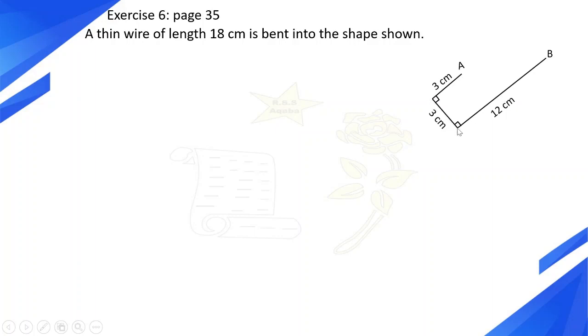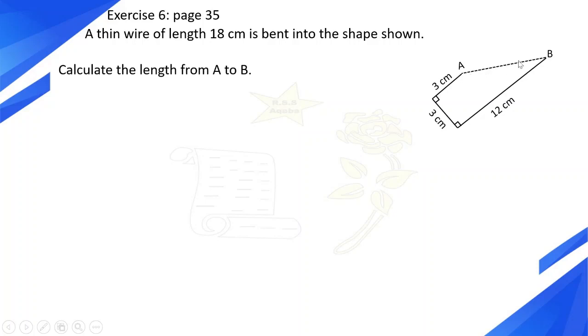From this point to this point, the length is 3 centimeters, and the length of this side is 12 centimeters. 12 plus 3 plus 3 equals 18. Now calculate the length from A to B. We need to find the length of AB.